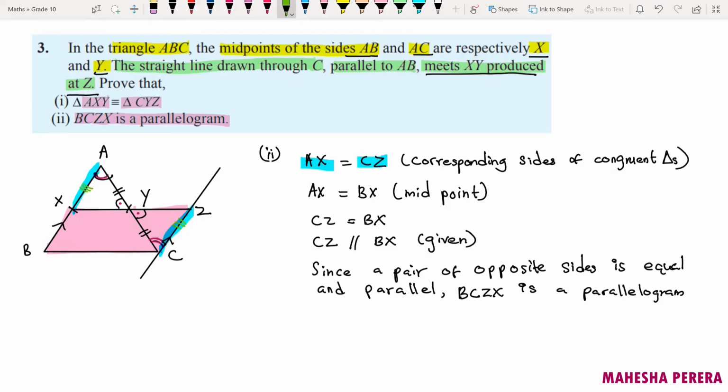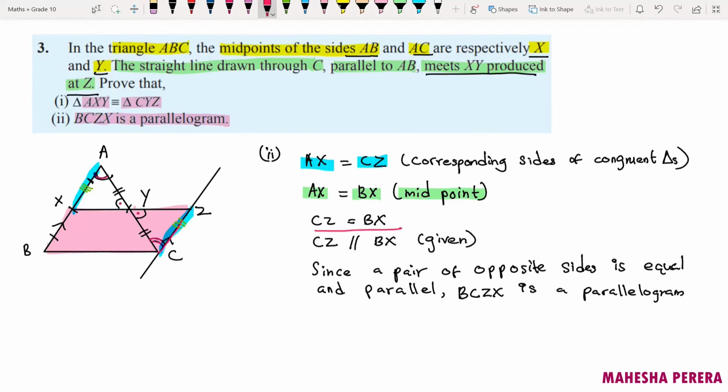So these should be equal, right? Because of congruent triangles. And then AX should be equal to BX because X is the midpoint of AB, right? So these two sides should be equal. So AX equals CZ, AX equals BX, that means CZ should be equal to BX. So where are these sides?